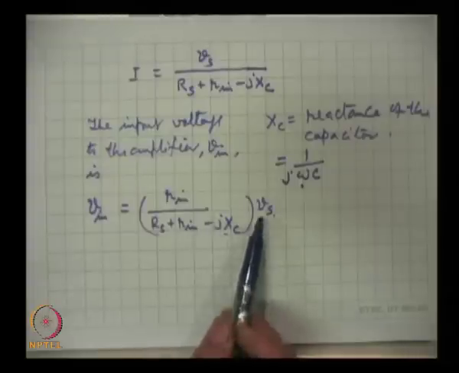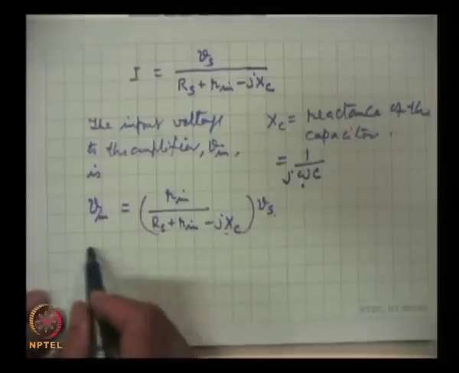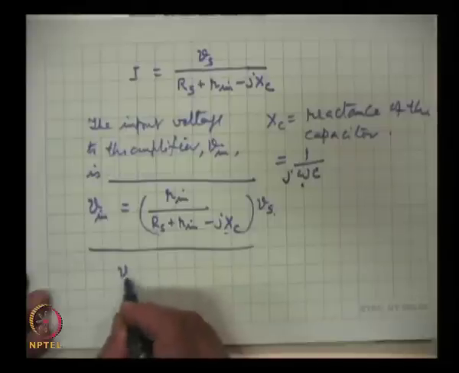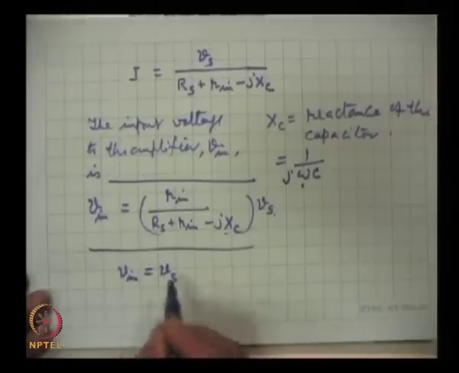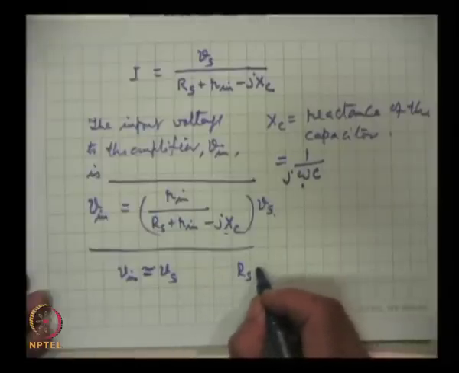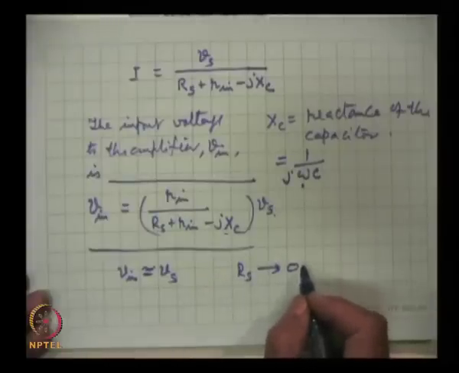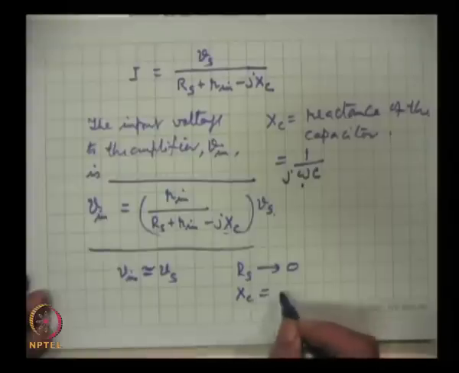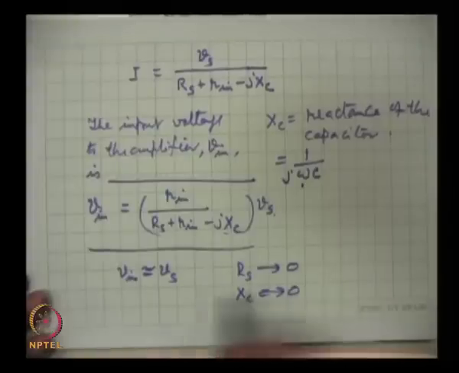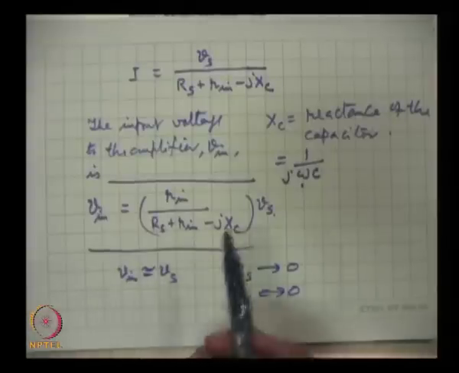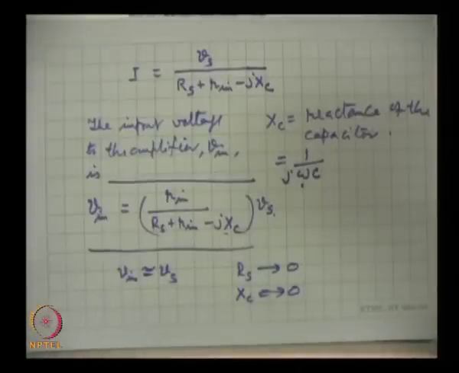I repeat, look at this expression here, Vin is almost equal to Vs if Rs is negligibly small, tending to 0, and reactance is also tending to 0, then this is true, and the whole signal is going to the amplifier.